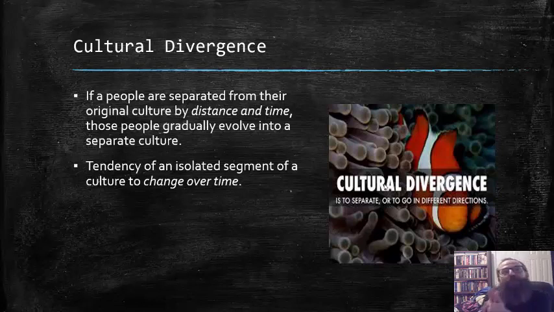Removed from the influence of the parent culture, if you will, a new culture develops that has many of the characteristics of that parent culture, but is altered to a degree enough to be separate now from that original culture.